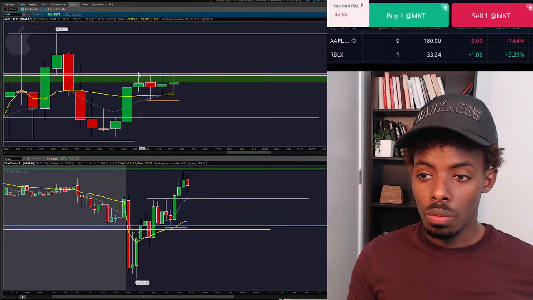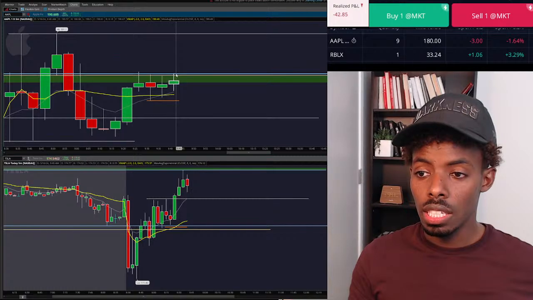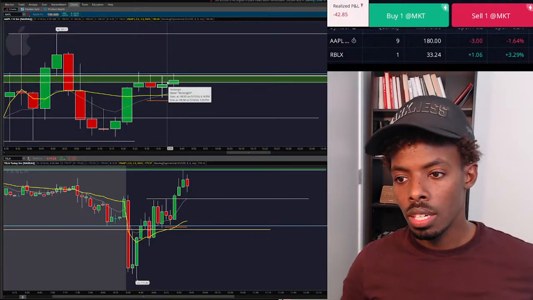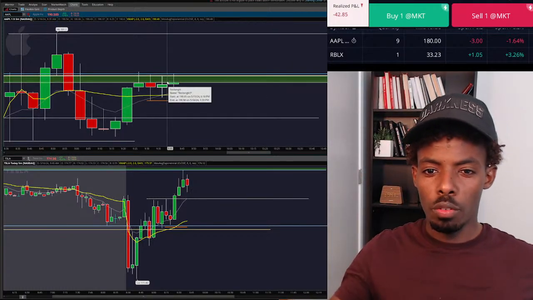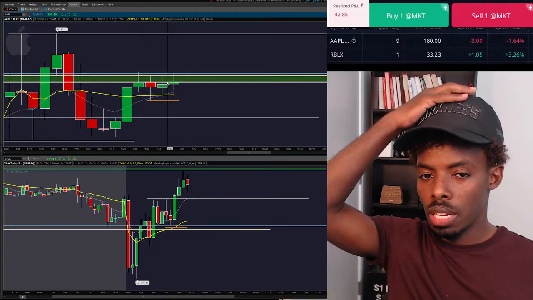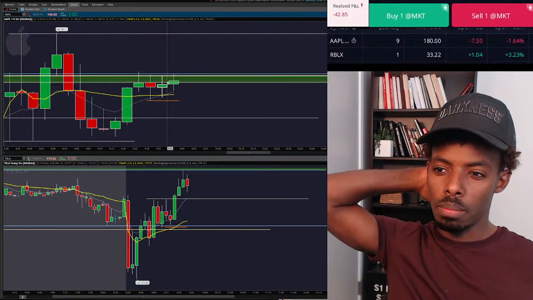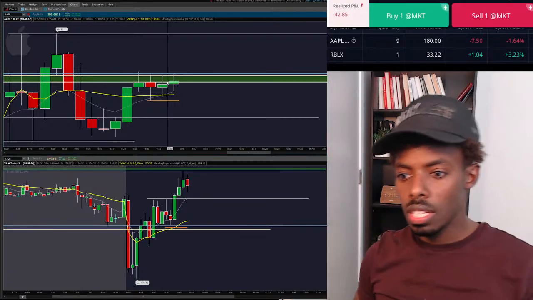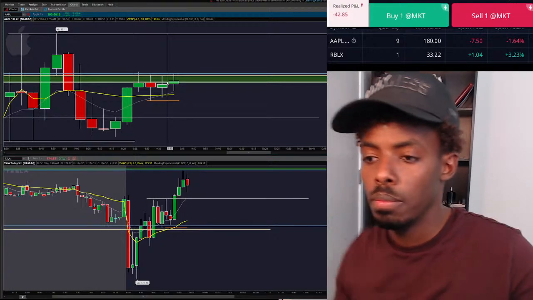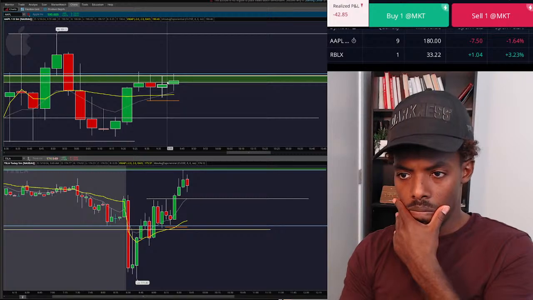But the fact that you've had 1, 2, 3, 4 times of trying to clear the ceiling, it will ultimately clear it. Because I have not seen it fail after 4 times. It's usually 1 or 2 times and then it fails. But like 4 times, it gets weaker by that point. The selling gets eaten up every time you retest, right?